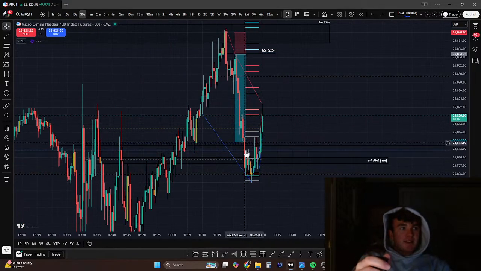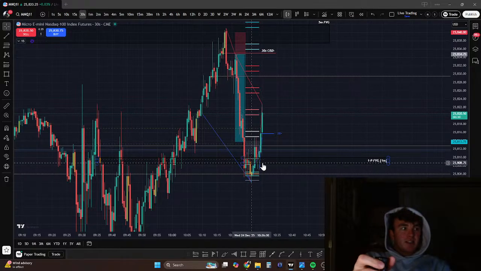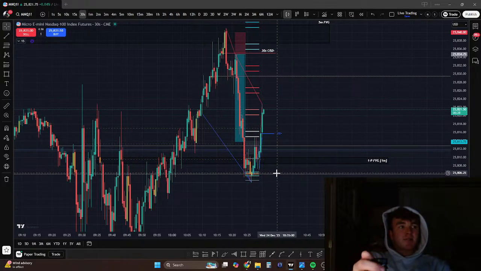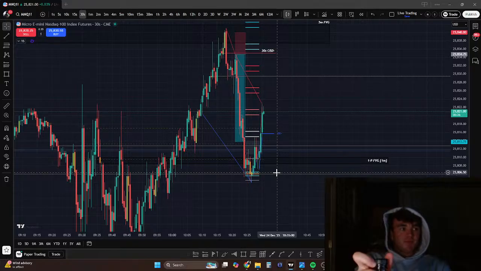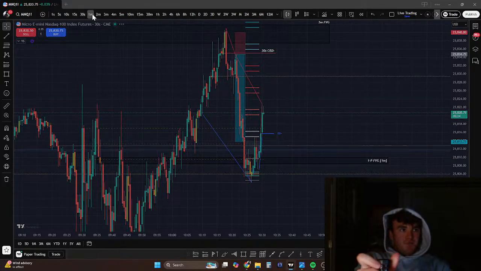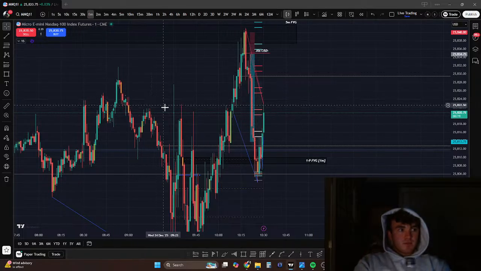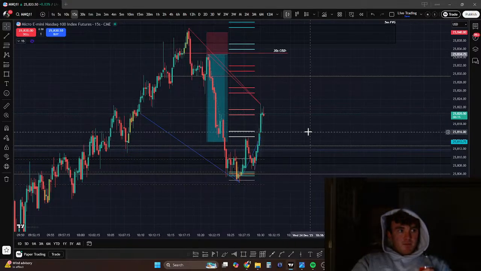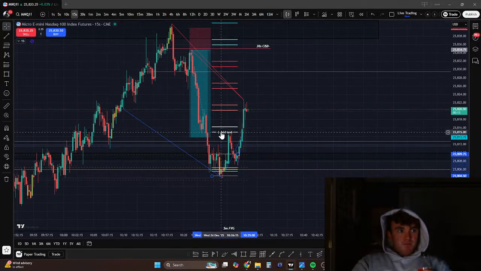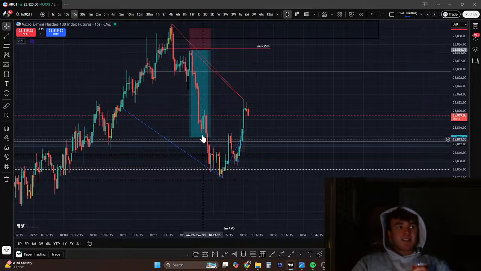But that was nice. That change in state off the first fair value gap back up to the upside. Price action's getting kind of good.